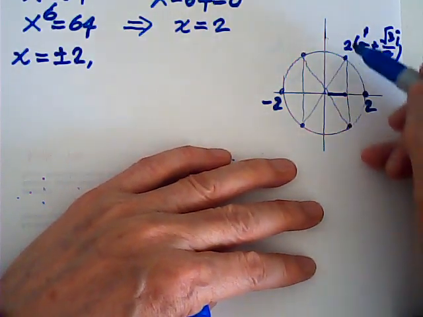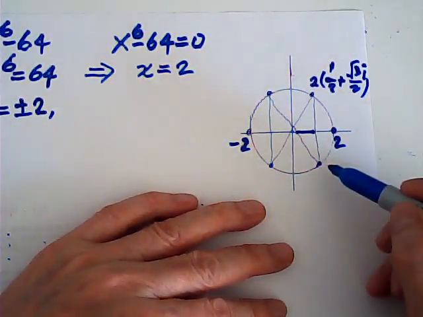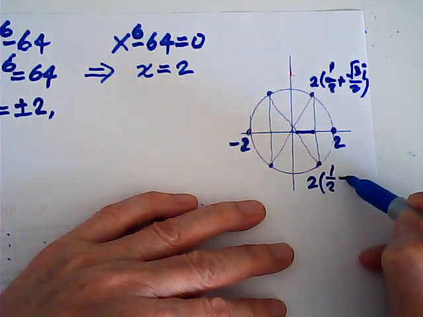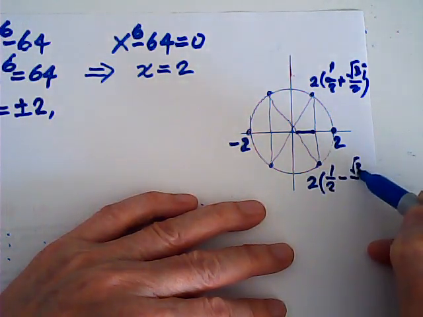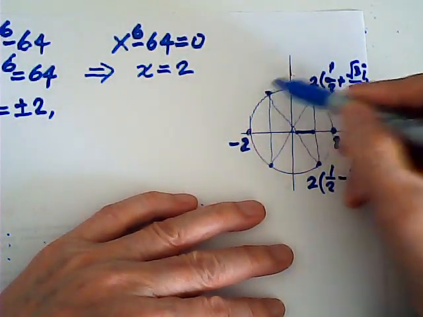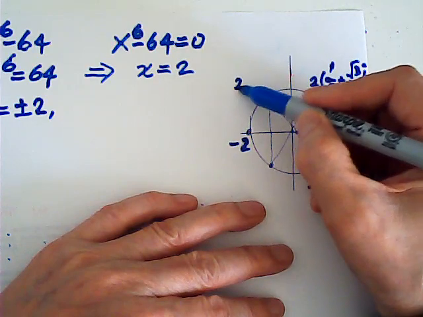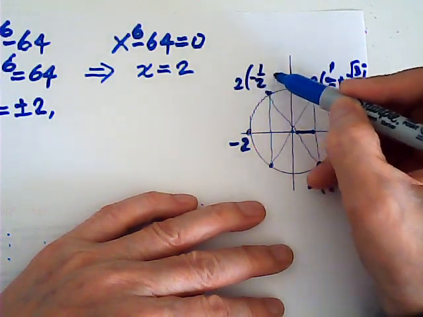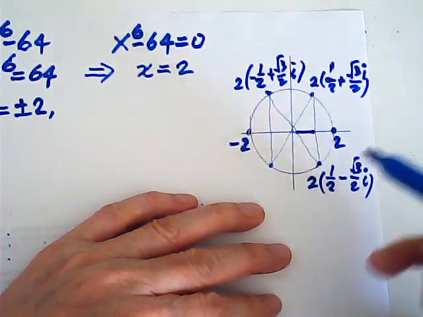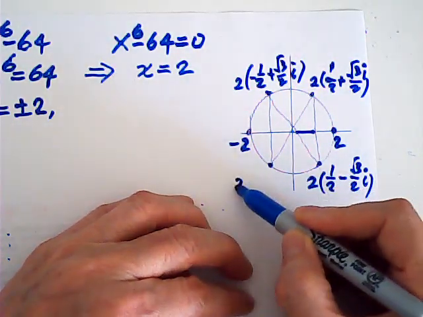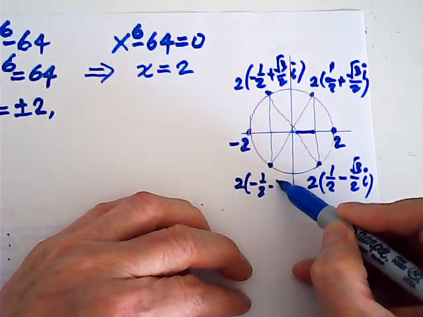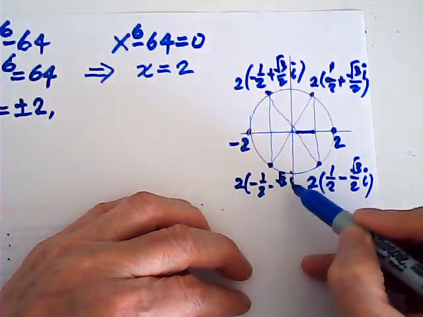Okay, this is the conjugate of that one, so this is 2 times (1/2 minus root 3 over 2 i). And this one is 2 times (negative 1/2 plus root 3 over 2 i). And this is 2 times (negative 1/2 minus root 3 over 2 i).